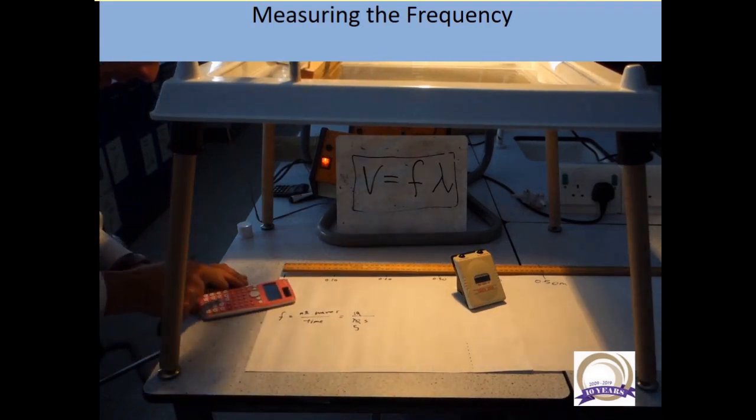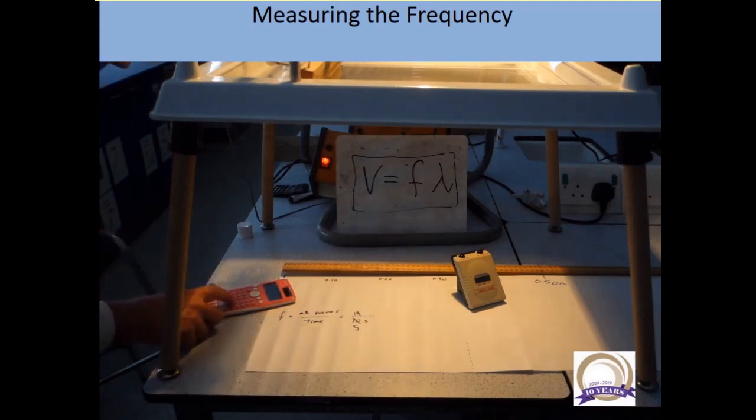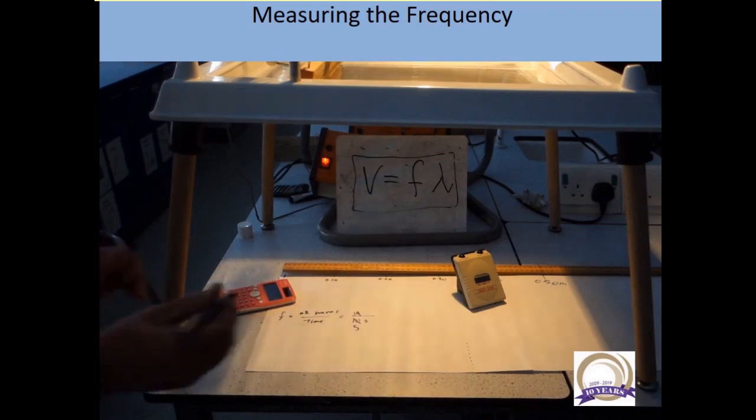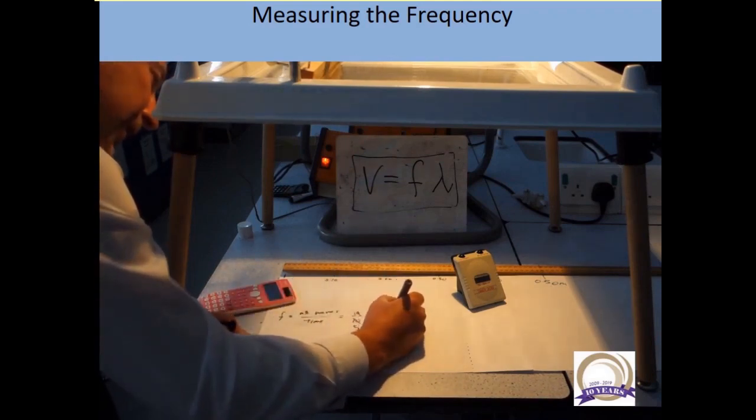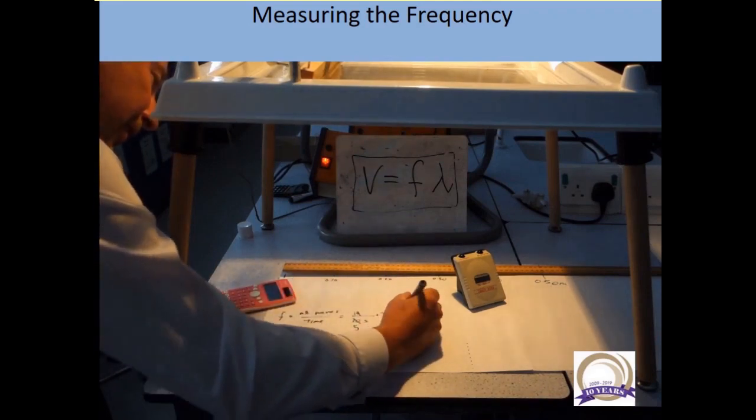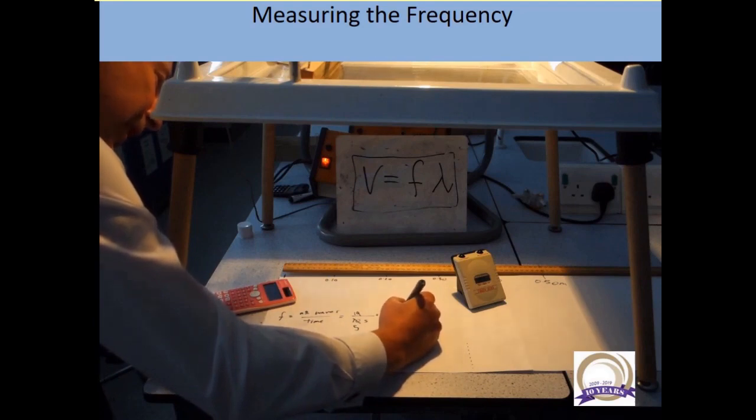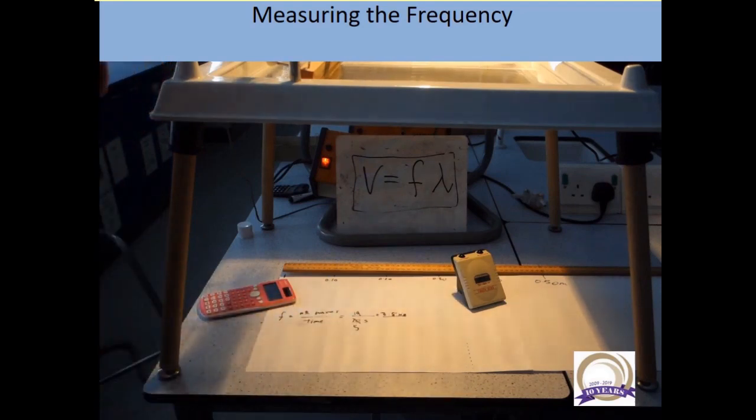So 19 waves, I reckon, divided by 5 seconds gives a frequency of 3.8. 3.8 units of frequency. So 3.8 waves in a second. No wonder I'm struggling to count them.